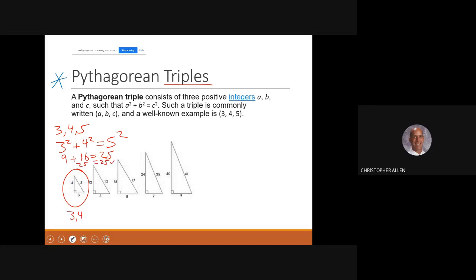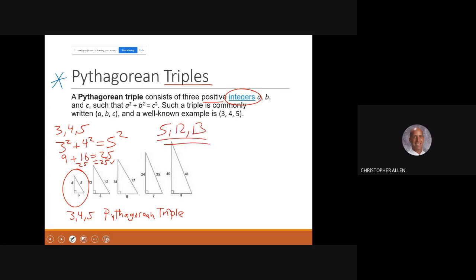So 3, 4, 5 is what we call a Pythagorean triple. A Pythagorean triple is a set of 3 positive integers that satisfy the Pythagorean theorem. Another example of a Pythagorean triple is 5, 12, 13.